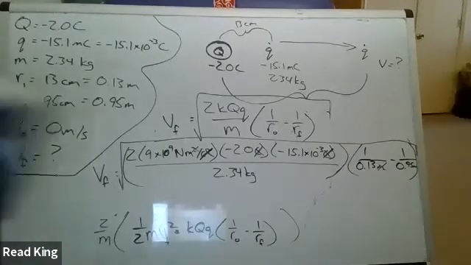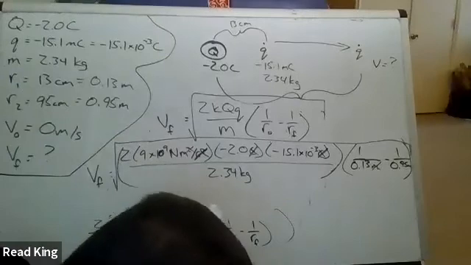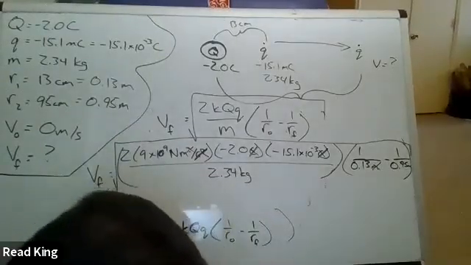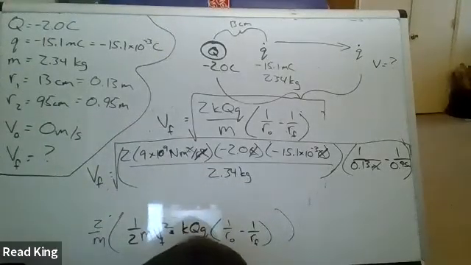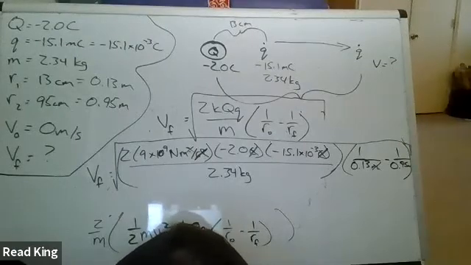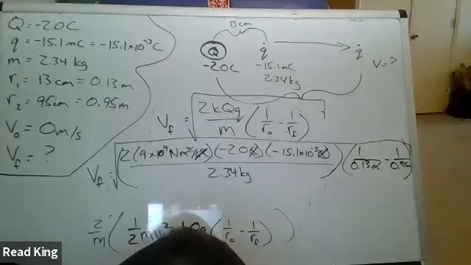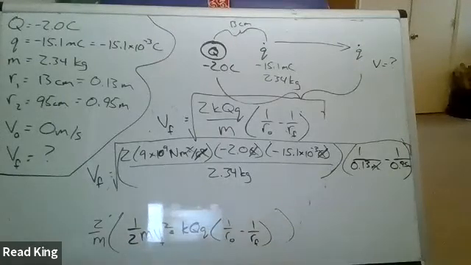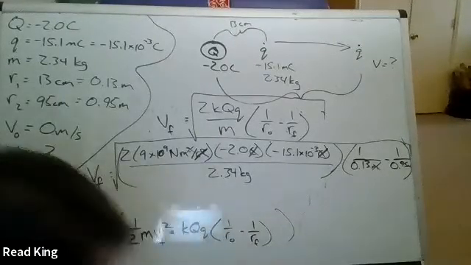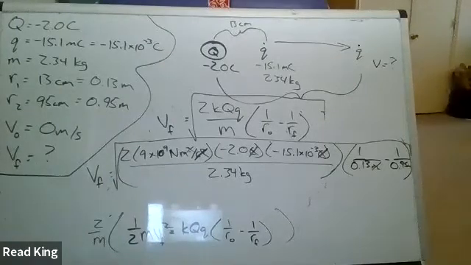I plugged that in my calculator right, because I'm thinking I may not have. Oops. Calculator turned off. Okay, nope. And then square root. It was a square root I forgot. Cool. I'm good.